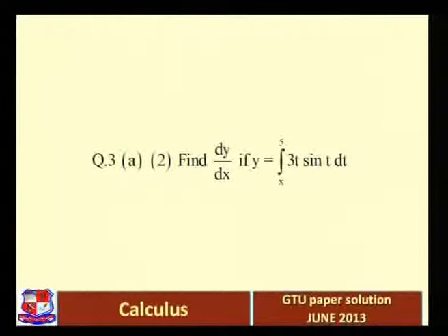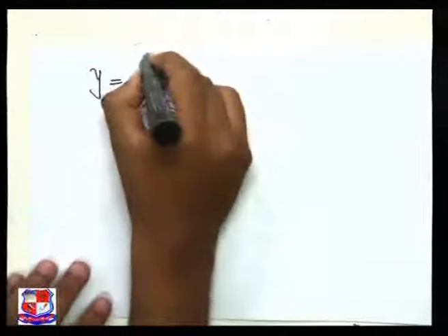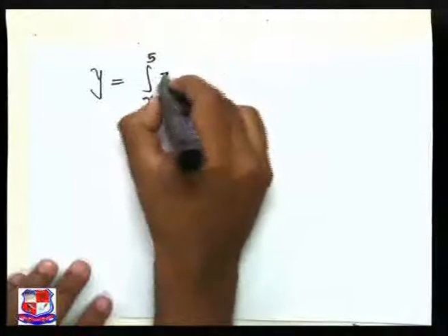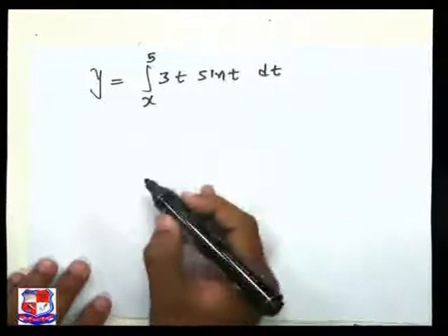Question 3a, second part. Find dy by dx if y is equal to integration from x to 5 of 3t sin t dt. So here y is equal to integration from x to 5 of 3t sin t dt.